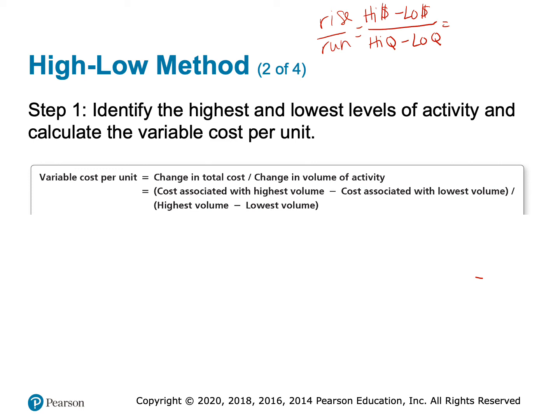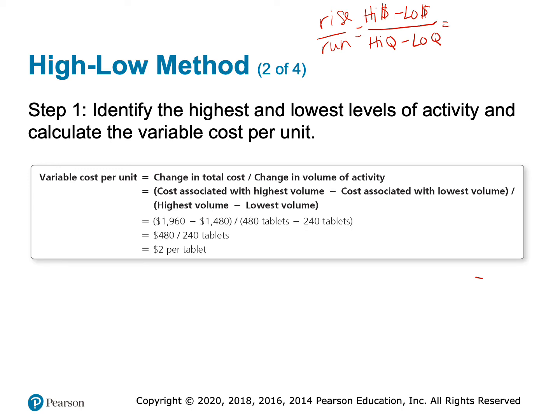So if I remember correctly, and I just switched the slide so I probably don't remember correctly, but you have the data in your notes in front of you, my high cost was $1,960 and 480 tablets produced. And then my low cost was $1,480 and 240 tablets.